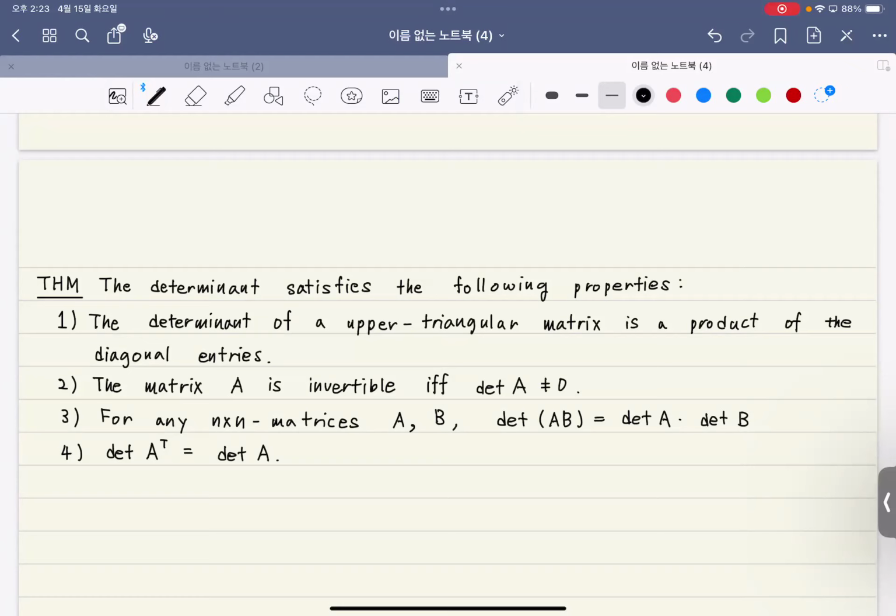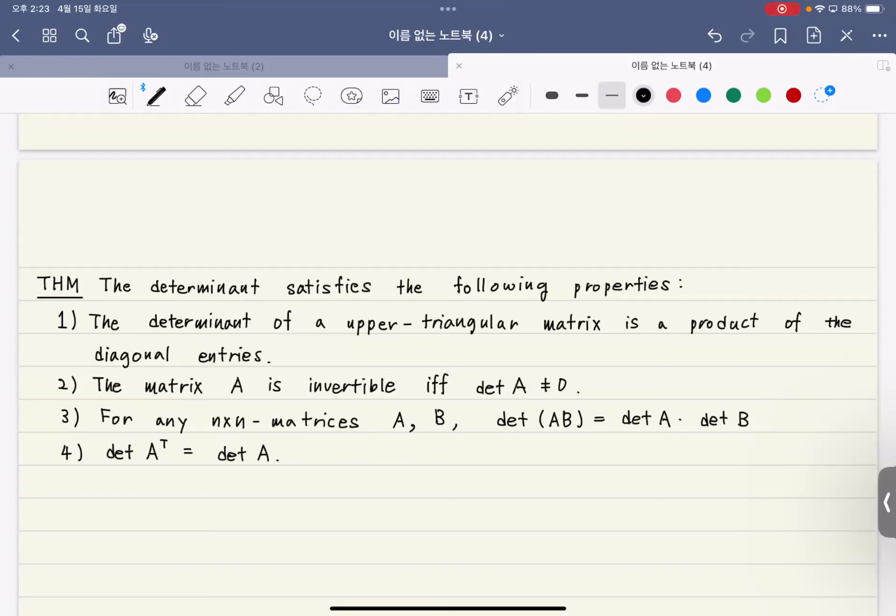But this property is not true for addition. The determinant of A plus B is not the same as the determinant of A plus the determinant of B. Those two things are completely different. However, it preserves the multiplicative structure between real numbers and matrices.